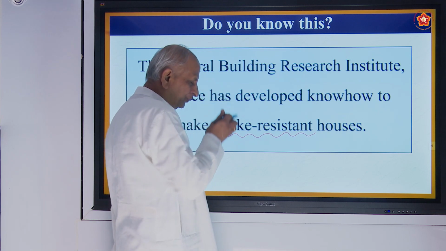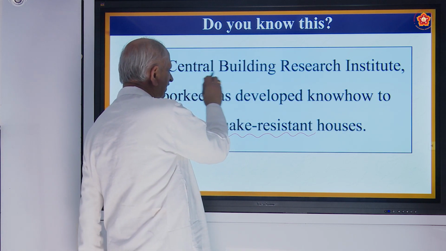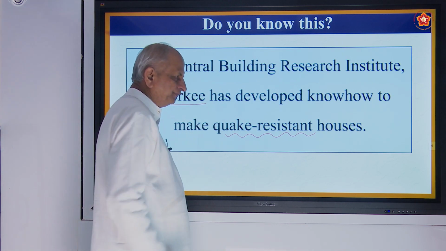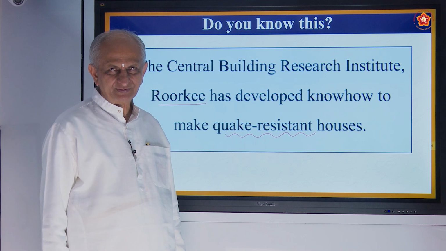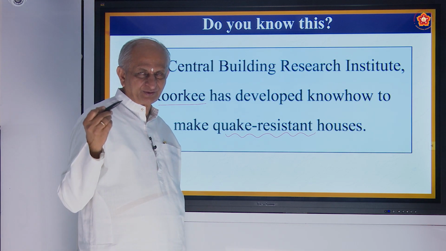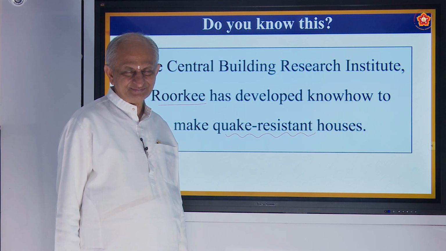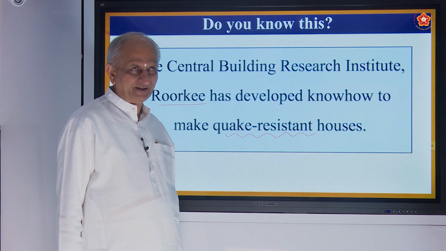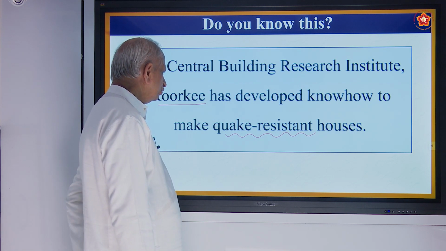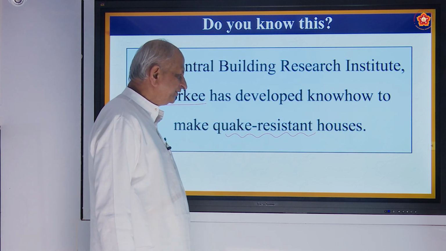Resistant means to withstand. And what is the name of the institute? Central Building Research Institute of Roorkee. Near Jamshedpur it is, Rourkela. Do you know what Rourkela is famous for? Iron and steel factory. Tata Iron and Steel Factory. So there is an institute which will suggest about quake resistant houses.